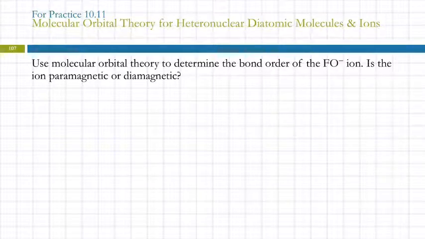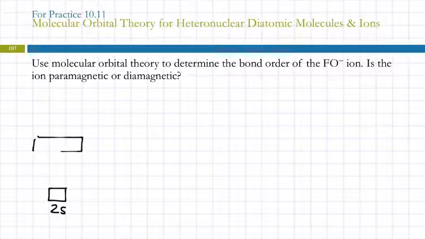So without any outside information, we know that fluorine is more electronegative than oxygen, and so those orbitals would be a little lower in energy, but we don't have to worry about crazy mix-ups like with hydrogen and fluorine. So we're going to look at 2s and 2p.